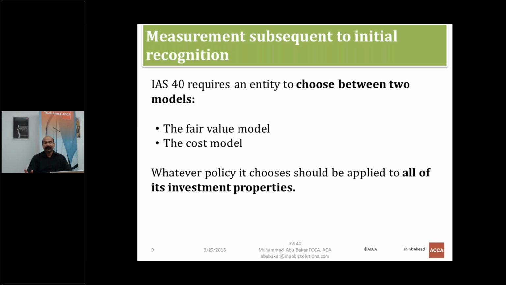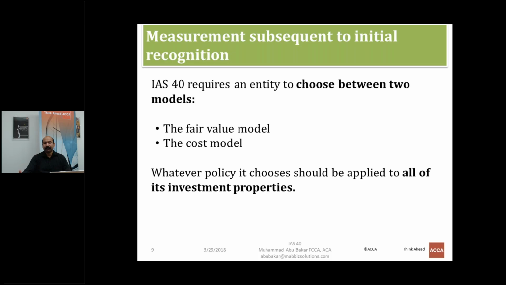Means the entity must calculate the fair value of that investment property, whether it applies fair value model or cost model. Because if it is applying fair value model, of course, that information is required to apply this model. But if company is applying cost model, then disclosure of fair value is required in the accounts.